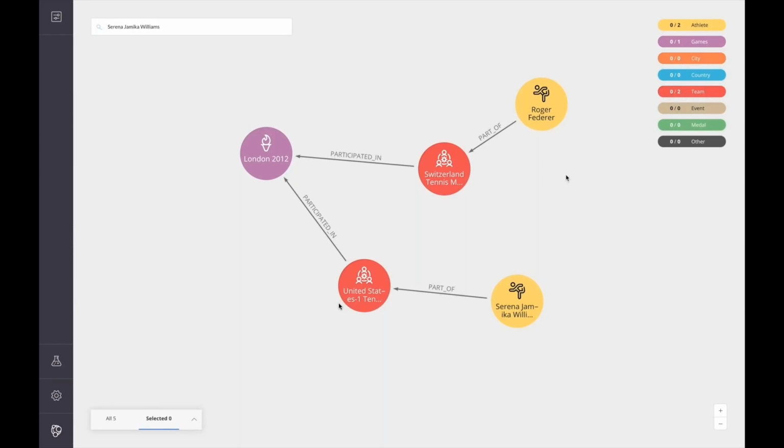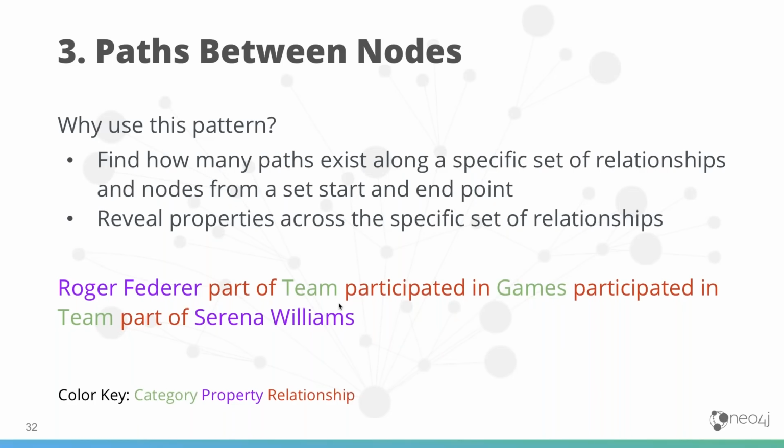So now, maybe that's not the path I was interested in, or maybe that's not what I was expecting to find. And I want to understand how Roger Federer and Serena Williams might be related otherwise, maybe along a certain type of path, right? I can use that pattern. So in this pattern, I can find out how many paths of a certain type exist between two nodes.